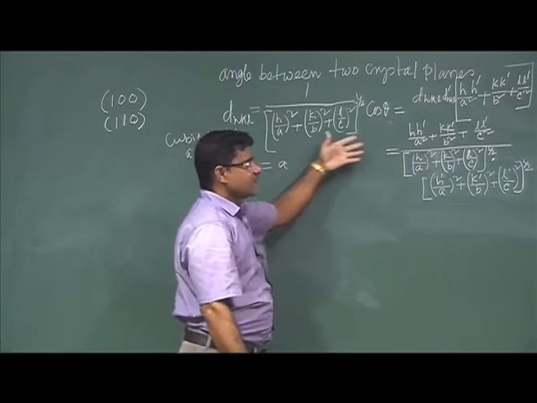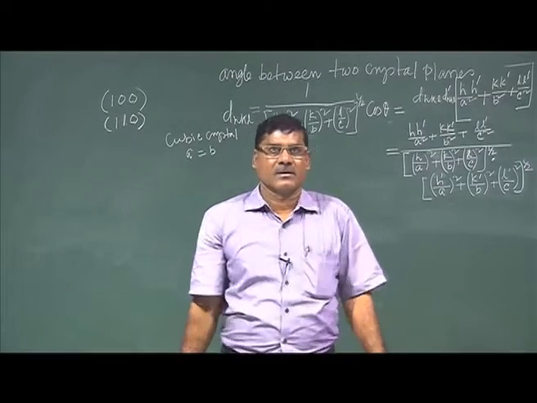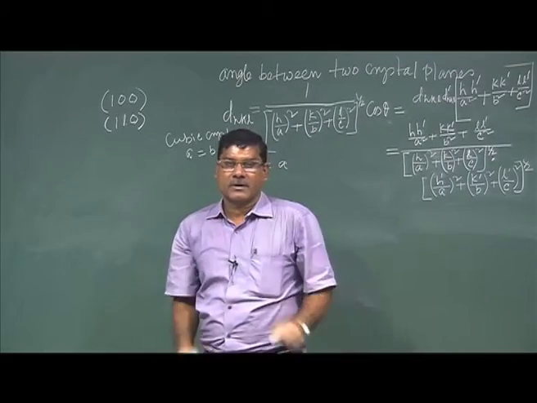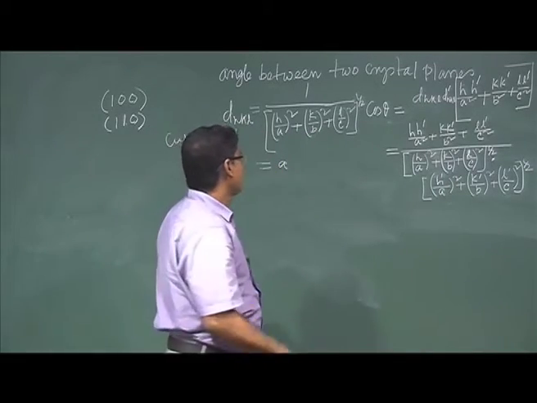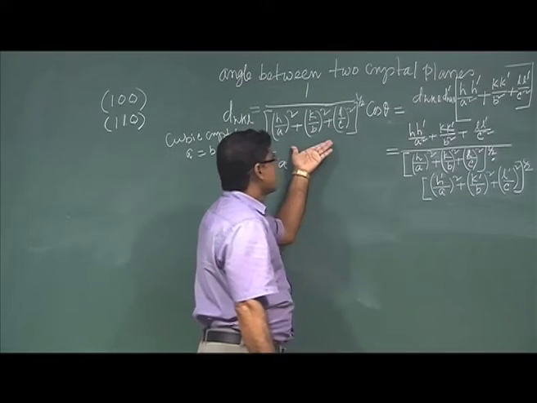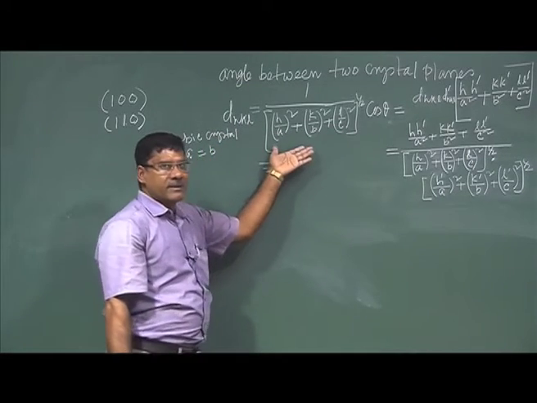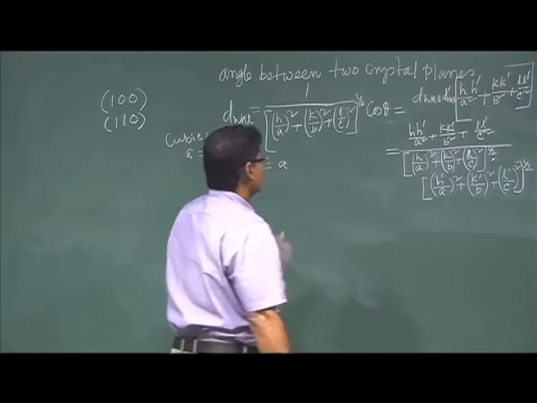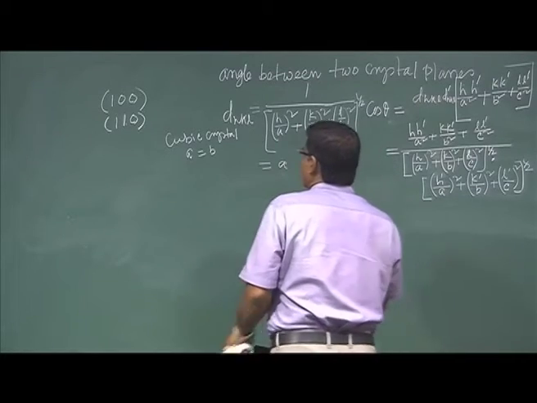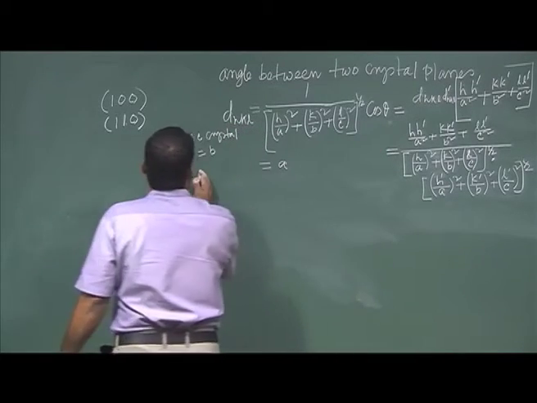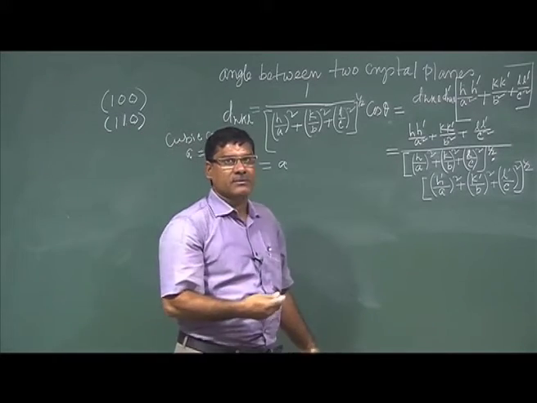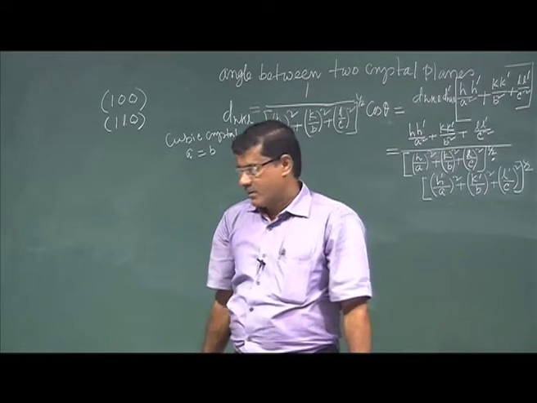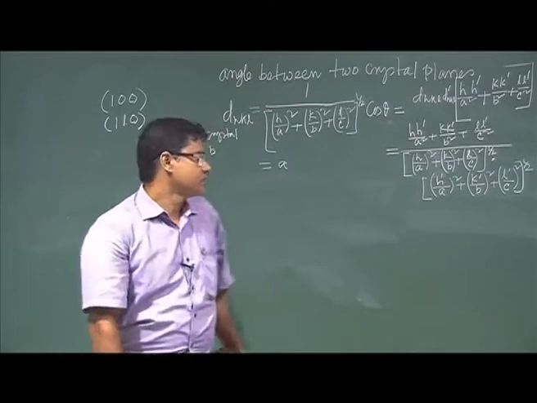As I mentioned, these relations are valid for the orthogonal system, where the axes are mutually perpendicular to each other. Basically the cubic, tetragonal and orthorhombic systems, these relations are valid. The simplest one is cubic, so most of the examples we will give in terms of cubic crystal, whether I mention it or not.